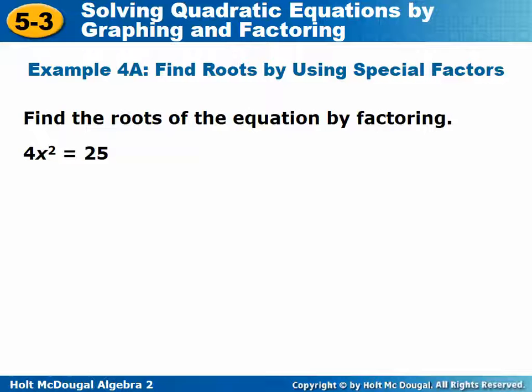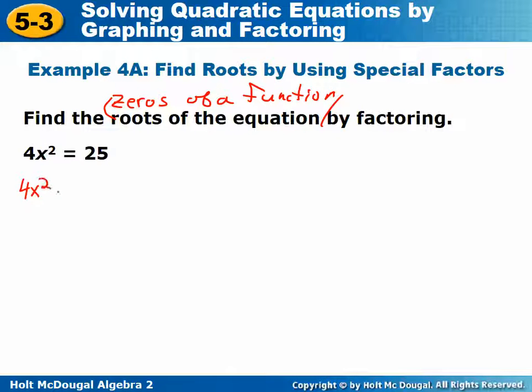All right, if you are asked to find the roots of an equation or the zeros of a function, sometimes it would say zeros. So it might say one of these two things. By factoring, you have to set it equal to 0 first, even if it's not a special kind of factor.